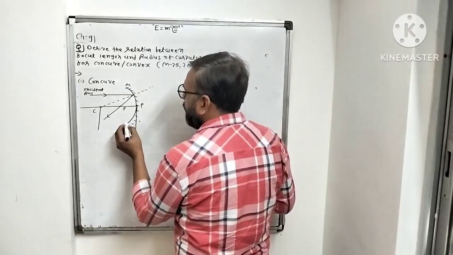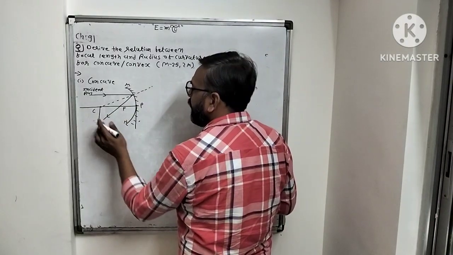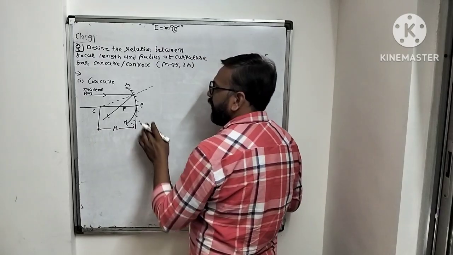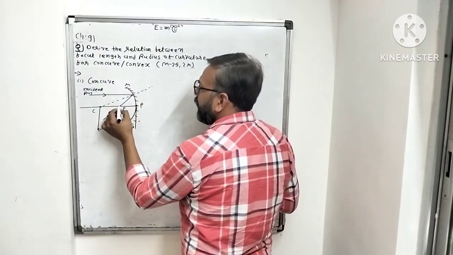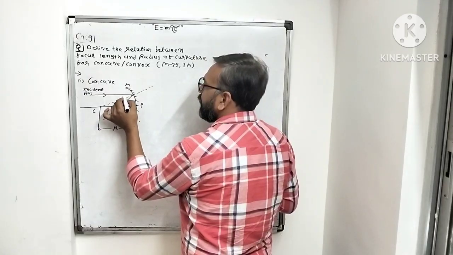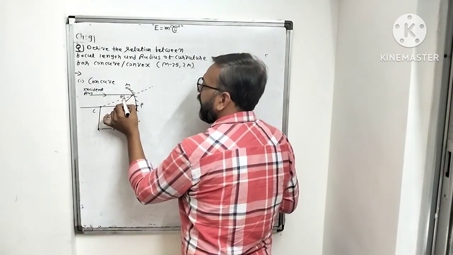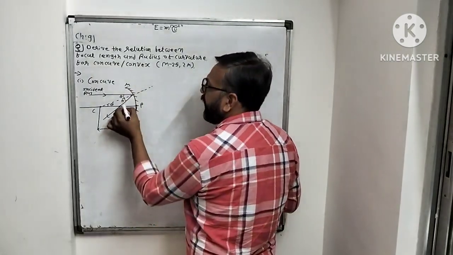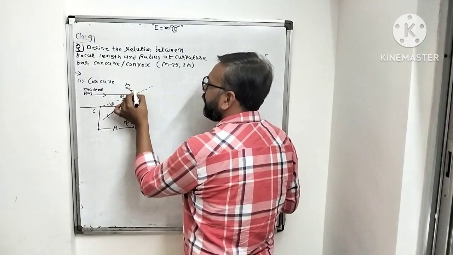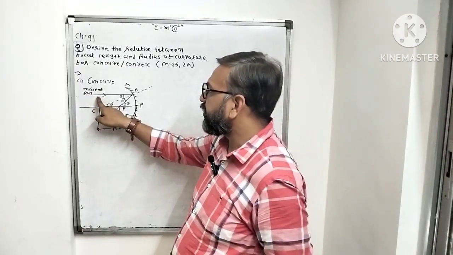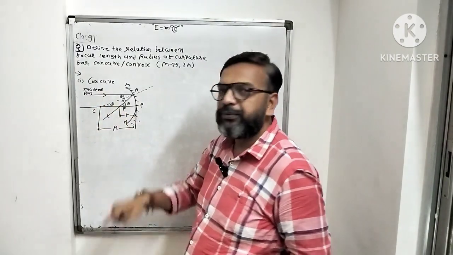The distance between pole and center of curvature is the radius of curvature. The distance between pole and principal focus is the focal length. Incident angle theta, reflected angle theta, and the exterior angle at F is 2 theta. It is compulsory to draw the arrows.